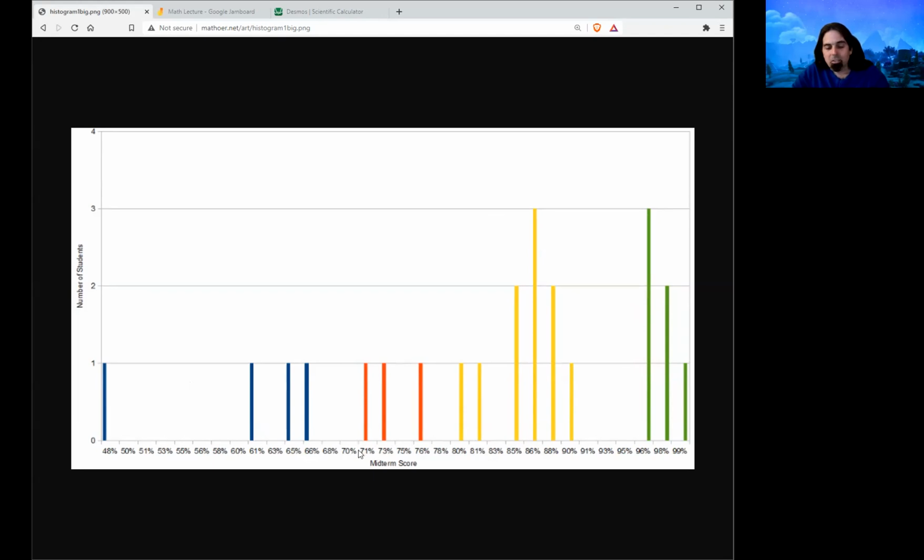It might make sense in this class, depending on the syllabus, to say that the greens are A's, the yellows are B's, the oranges are C's, and the blues are D's, or something like that. It depends on what you would be asked to do with this data. But on the bottom of this, we just have the numbers in order because it's numerical.